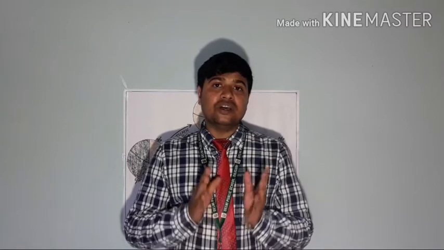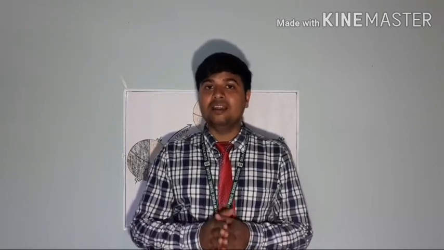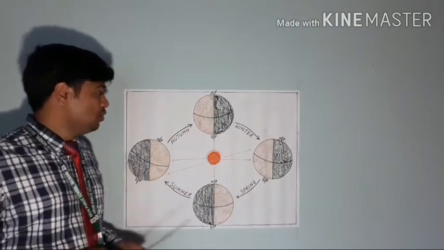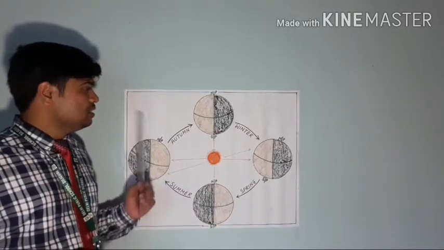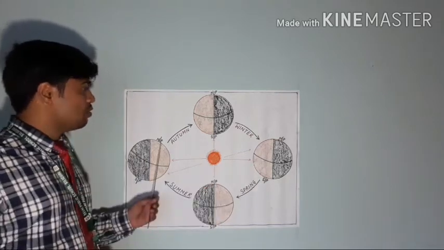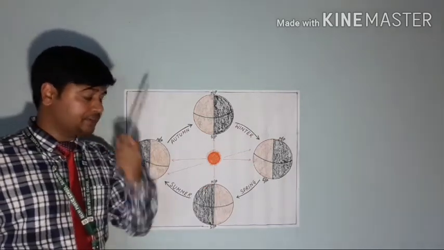While the earth is revolving around the sun, it also rotates on its axis, and the axis of the earth is tilted at an angle of 23 and a half degrees, and that's why sun shines differently on the earth at different times of the year. So, we have summer, autumn, winter, spring in a year. So, these are the different seasons which come one after another.